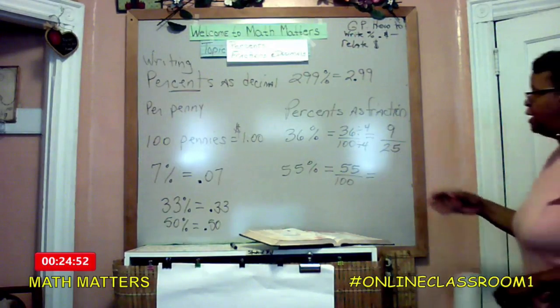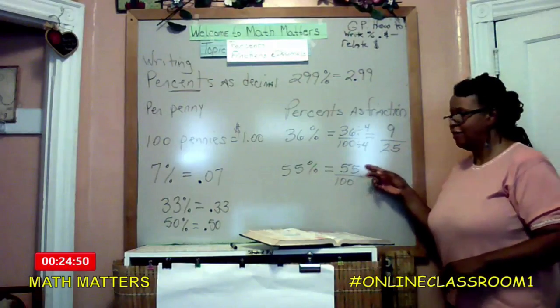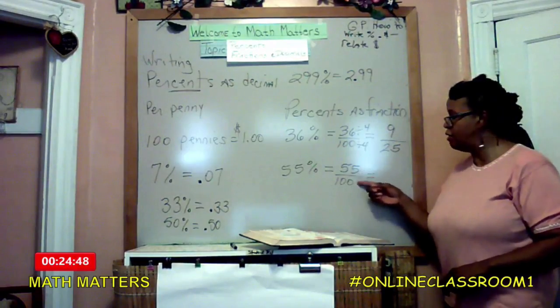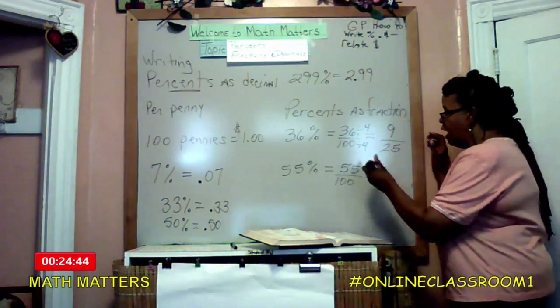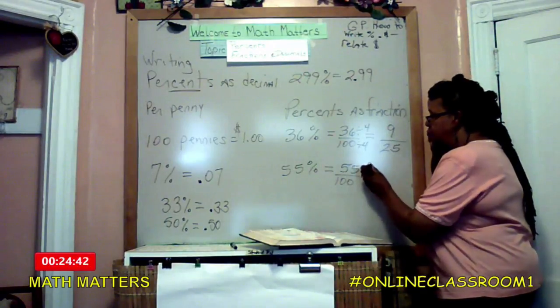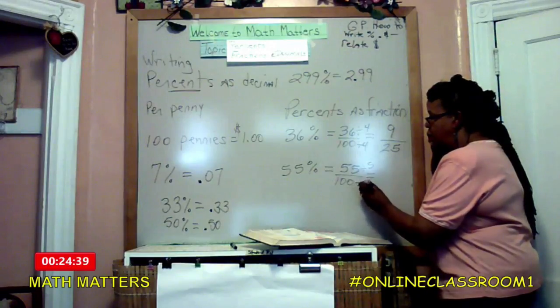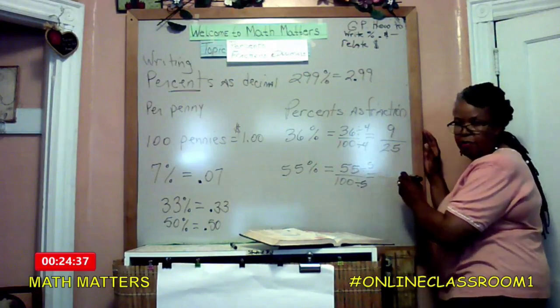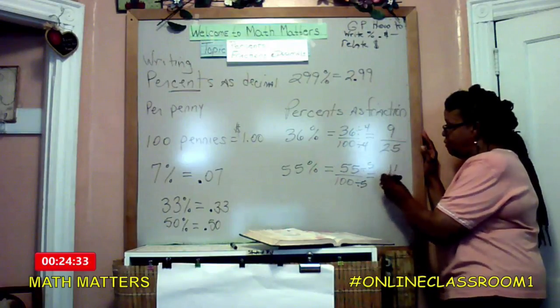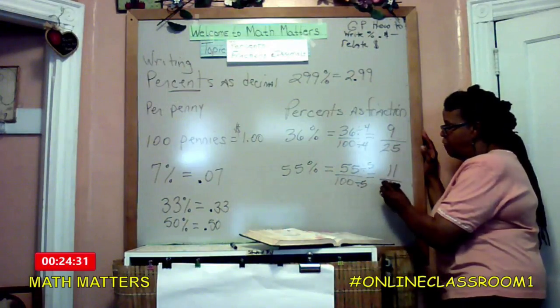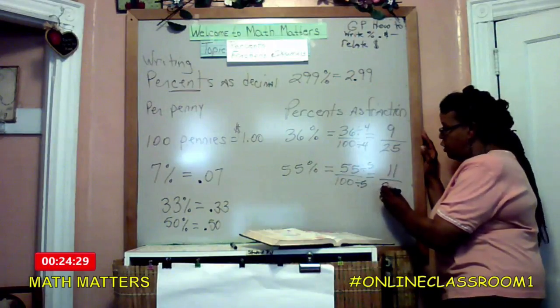Okay, you should be there by now because you should see that there is a common 5 if nothing else. You can divide out the 5 in the numerator and divide out the 5 in the denominator. 55 divided by 5, everybody knows that it's 11. 100 divided by 5, and you should know that also is 20.